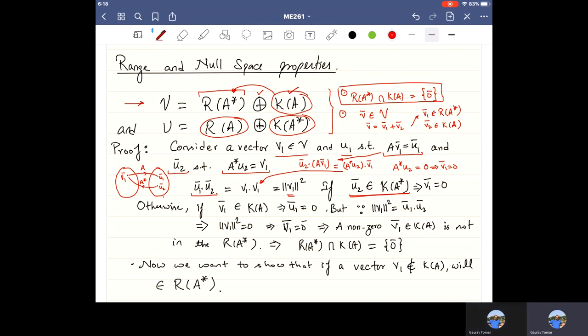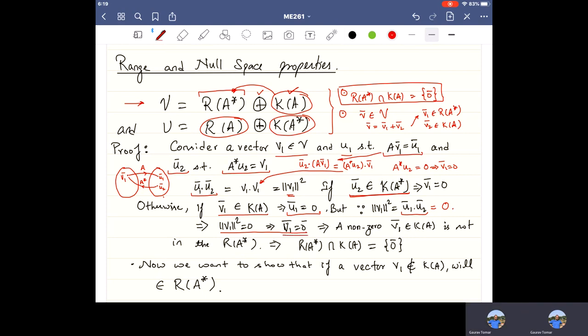So if we take v1 to belong to K of A, then u1 will be 0. But because the norm of v1 squared is u1 dot u2, and u1 is 0, the norm of v1 squared is 0. And that can happen only when v1 is 0.